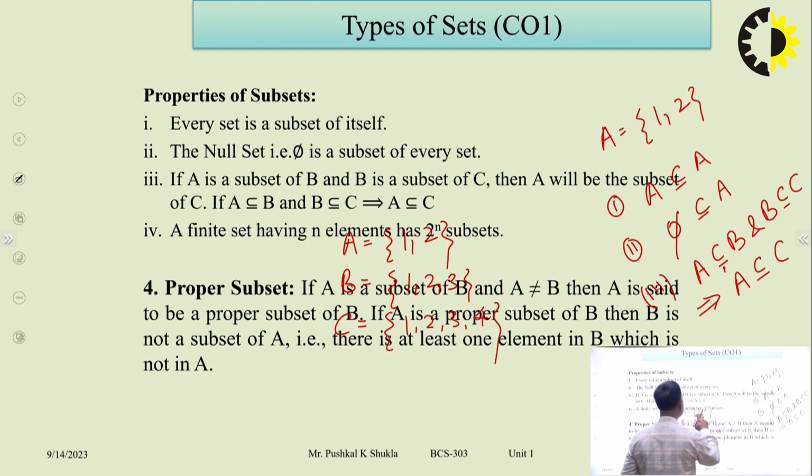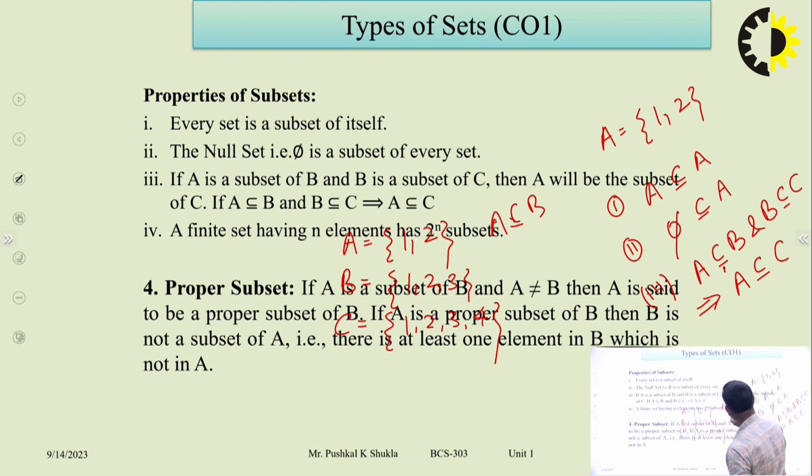So here A is a subset of B. 1, 2 are there in set A, so 1, 2 are also there in set B. So we can say A is a subset of B. And similarly B has elements 1, 2, 3 and C has 1, 2, 3, 4.